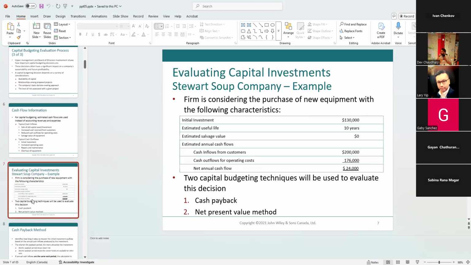So, if we have to evaluate a project for which we have to invest $130,000, and we expect that initial investment to last for 10 years, that investment is going to give us revenue from the customers of $200,000.